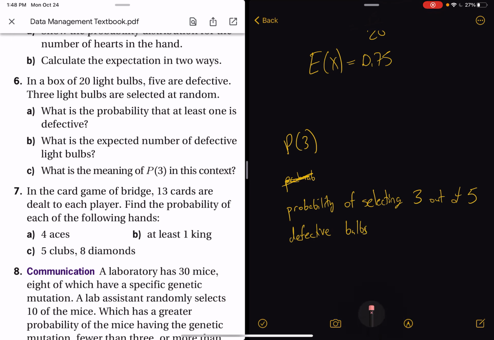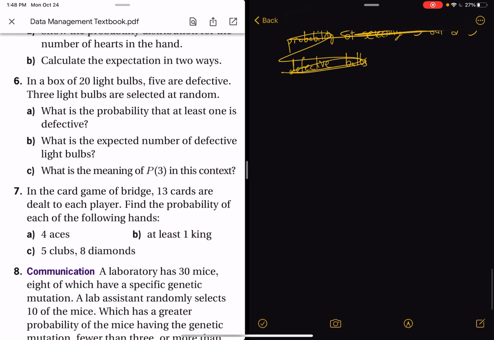Oh, no. My God. Let's rewrite this. Sorry, we're going to be careful with our wording because I'm teaching you. So, the probability that all selected, right? So we're selecting bulbs will be defective. So it's like I'm going to choose all 3 are going to be defective.